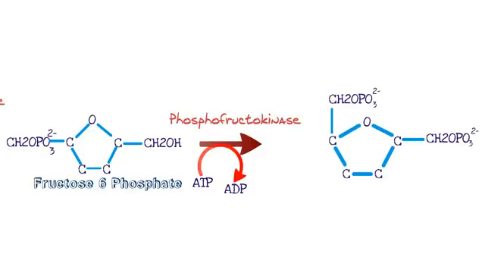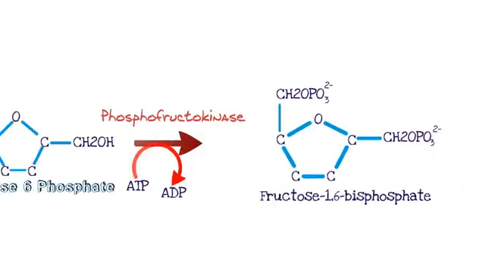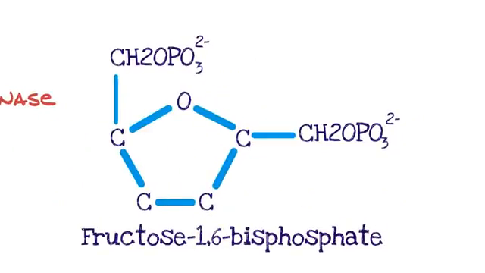So want to guess what this is called? Well, it's called fructose 1,6-bisphosphate. It's a fructose molecule with a phosphate group at the 1 carbon and a phosphate group at the 6th carbon. Now, fructose 1,6-bisphosphate undergoes a complicated step.